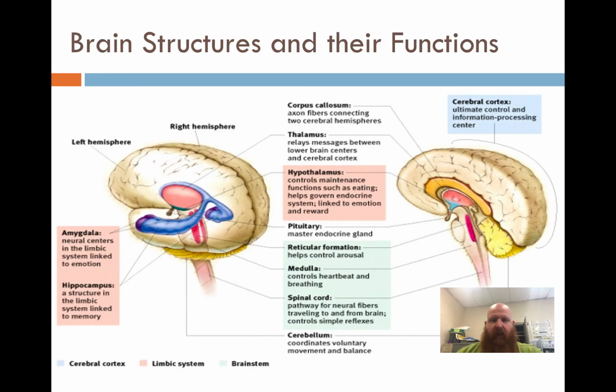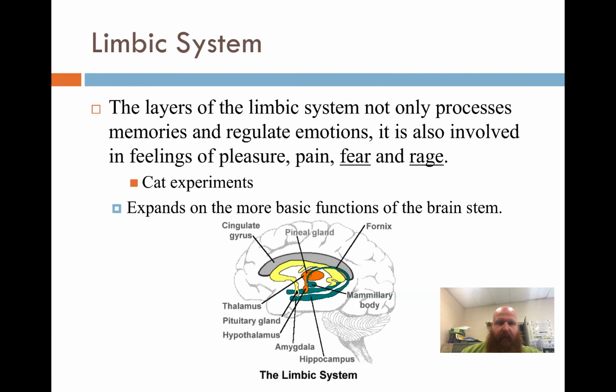Now we're going to get a little bit into the midbrain and the limbic system. We'll start here. The layers of the limbic system not only process memories and regulate emotions, they are also involved in feelings of pleasure, pain, fear, and rage.